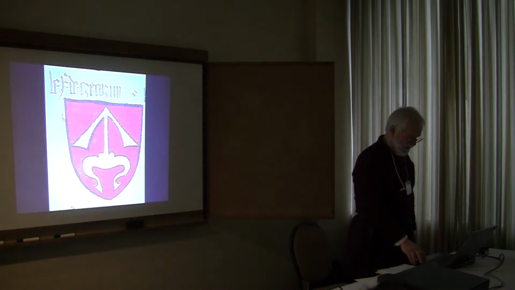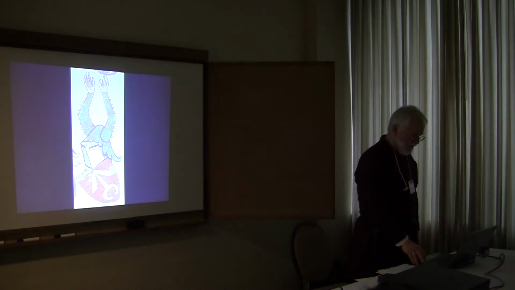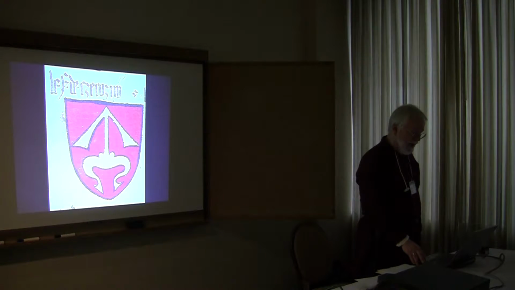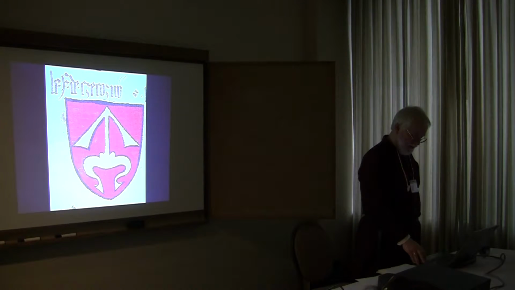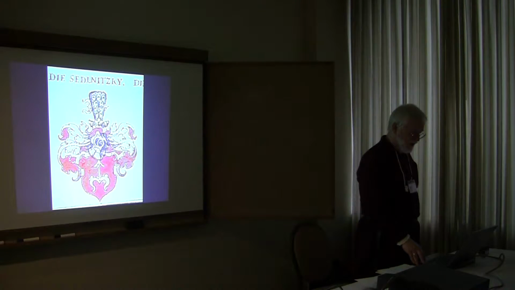Let's see if I've got some more examples. This first one is from 1370. This is from the Grand Armorial of the Order of the Golden Fleece, and essentially the same arms again, this time attributed to Sednicki.